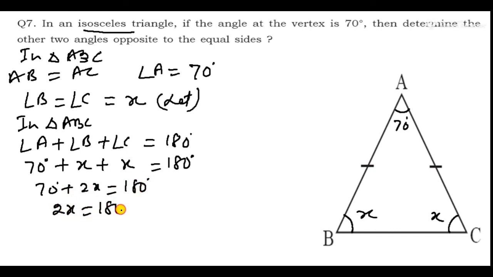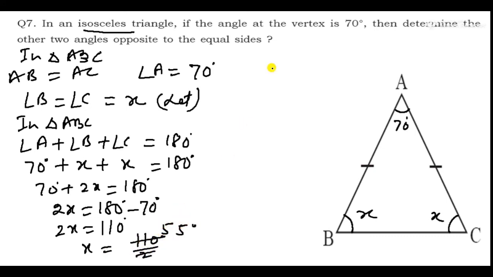So 2X is equal to 180 degrees minus 70 degrees. So 2X is equal to how much? It is 110 degrees. So X will be equal to 110 upon 2. Dividing, X will be equal to 55 degrees.